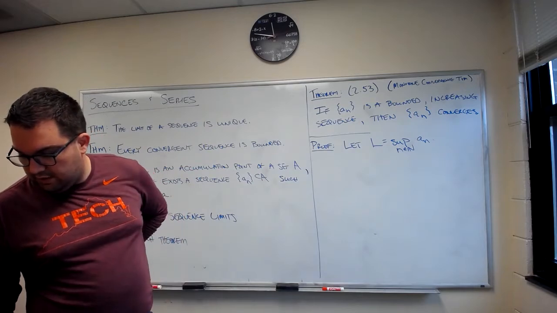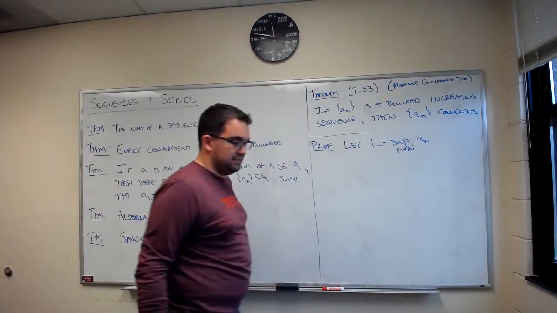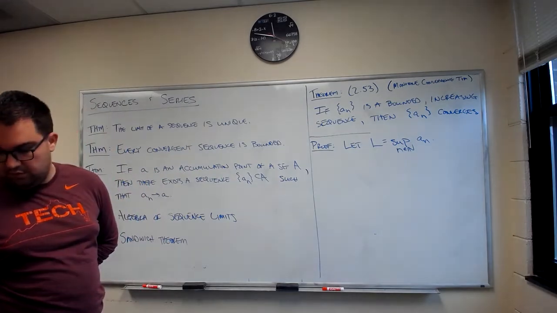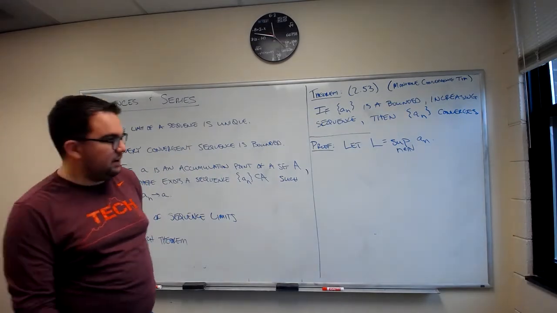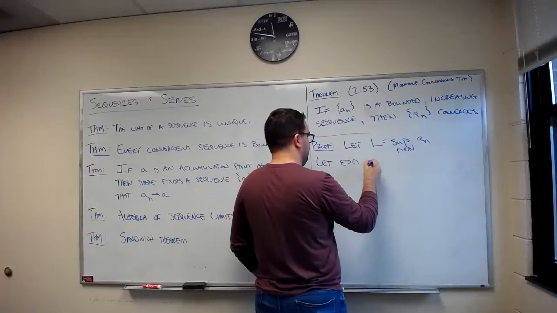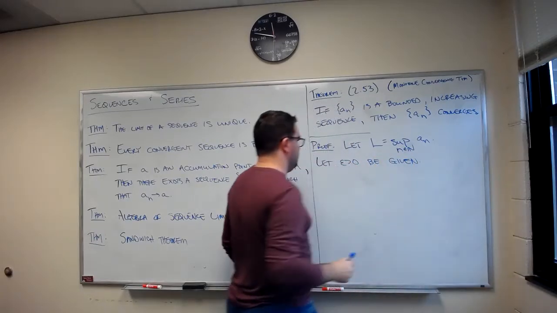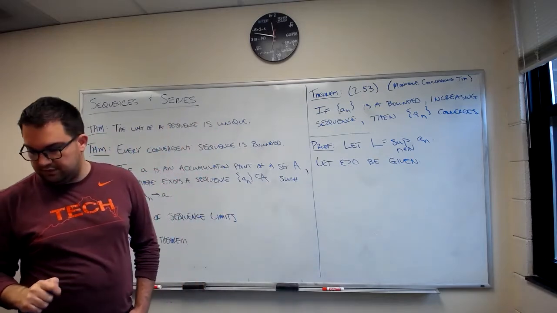And then I want to show that this is actually the limit of my sequence, that the a sub n's actually converge to L. Okay, so what do I need to do? I'm also going to need an epsilon. So take some epsilon greater than 0.